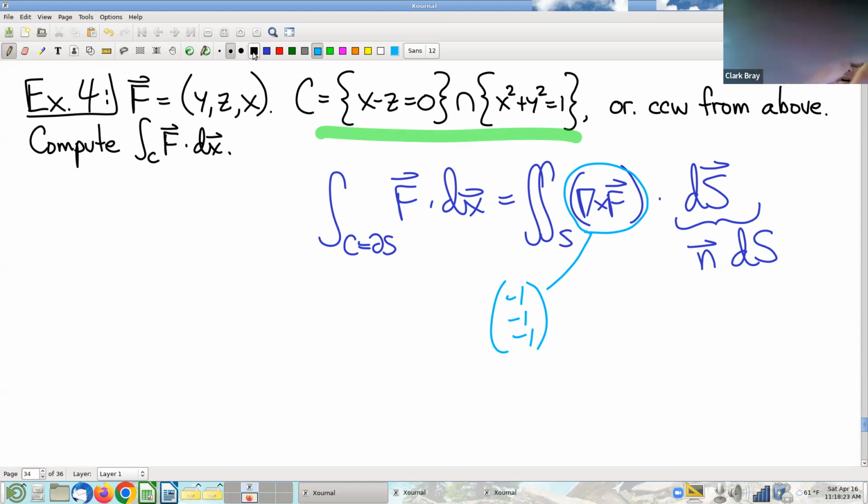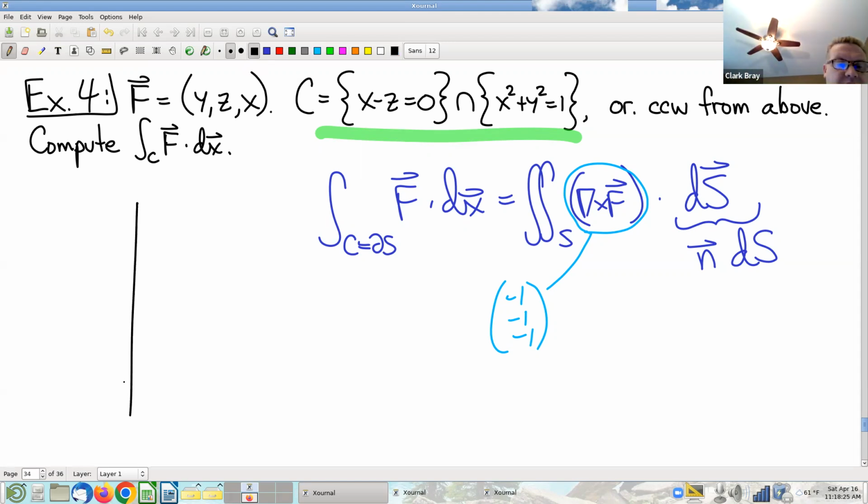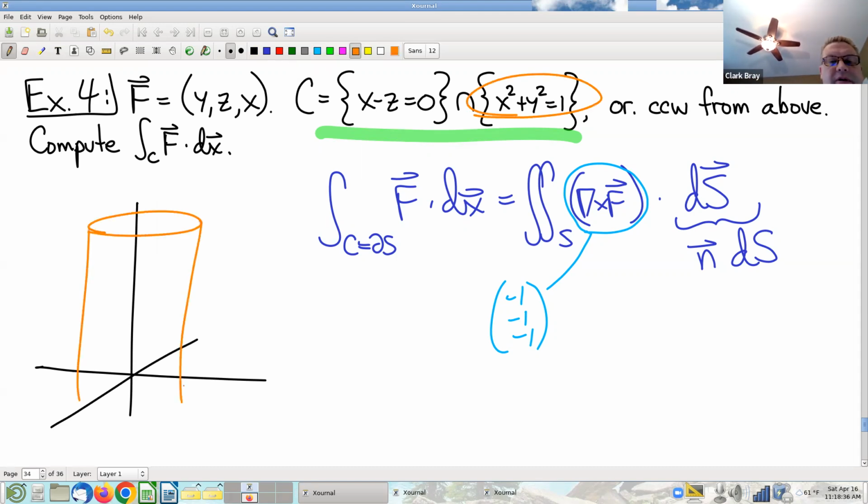And real quick, I need to draw a picture now of my thing here. I've got, as before, oh, let's see here. I should mix my colors. I've got this cylinder intersecting with this plane.